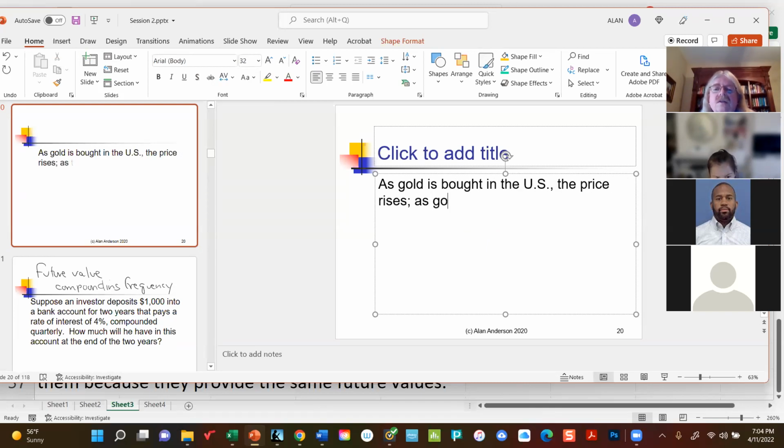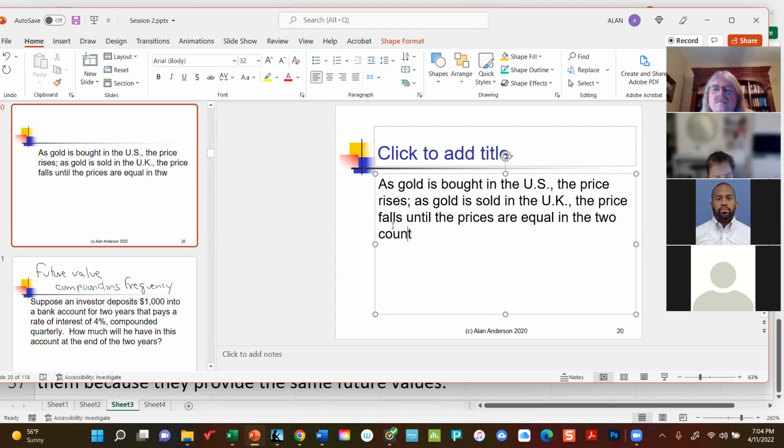As gold is sold in the UK, the price falls until the prices are equal in the two countries. That's it. And then the arbitrage will be gone.